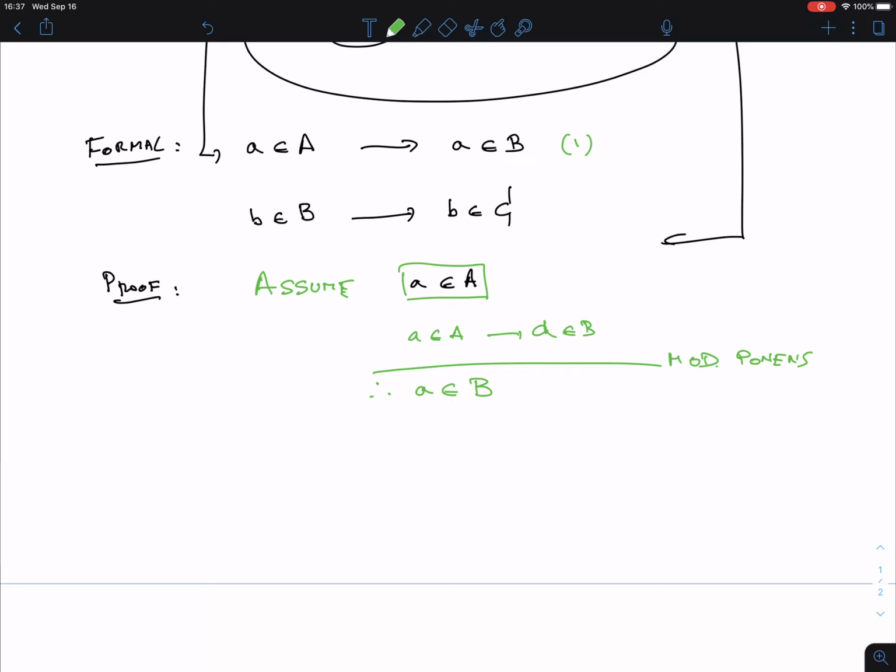Now you say, okay, but I'm stuck because the other one talks about B. Now remember, let's go back. I'm doing this a bit formal so that you get used to what these proofs are. Very often we are much quicker in writing things down, but I want to be very formal. So this implication that I wrote down, A lies in capital A implies A lies in capital B, is a statement about little a.